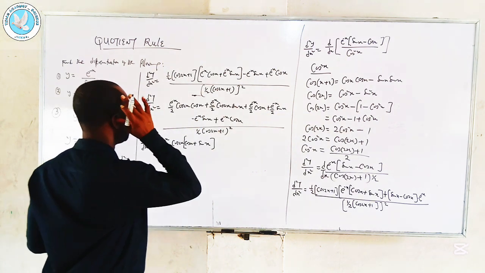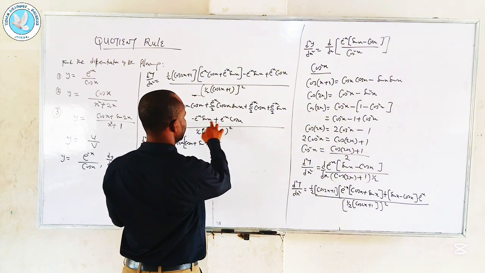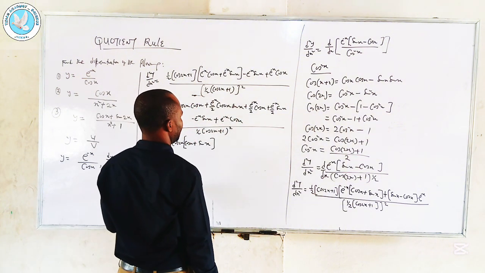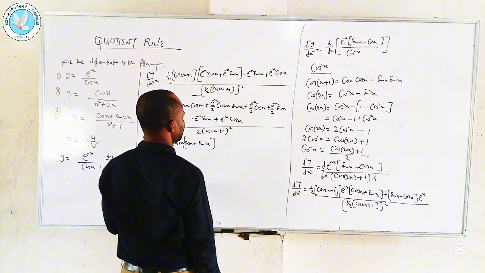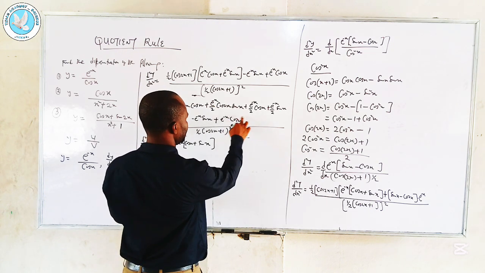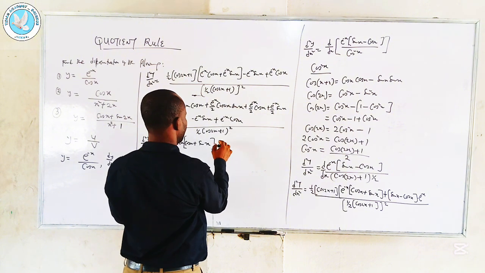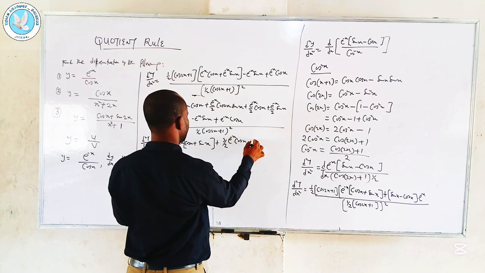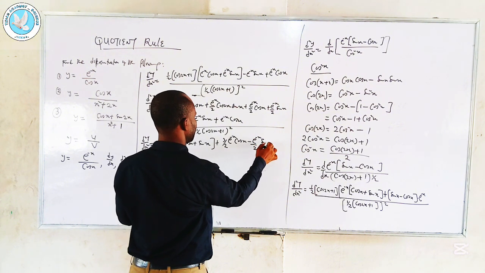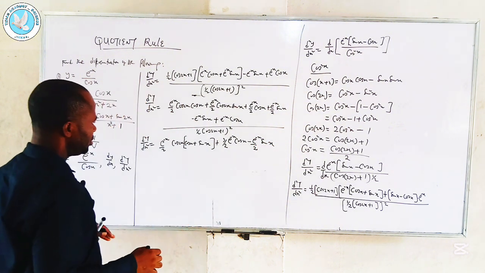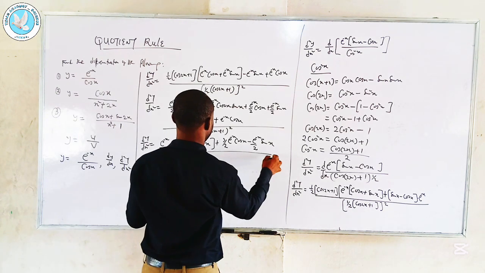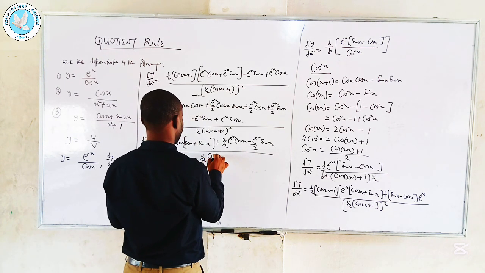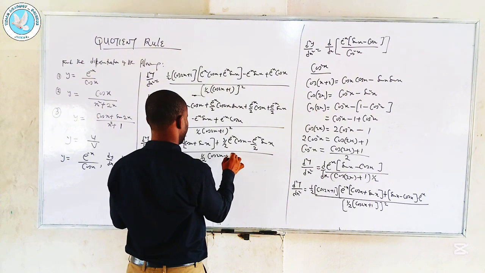And also this and this, we can do something about that, and also this and this. So this plus this will give us plus 3 over 2 exponential this cos this. This is minus exponential this. So all this is divided by this plus this.